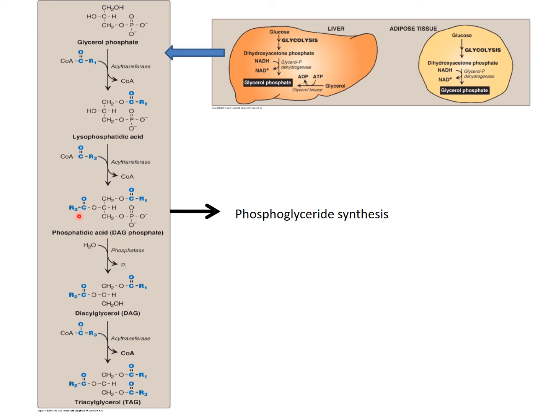This phosphatidic acid can be used to produce triacylglycerol, with actually removing the phosphate and esterifying the glycerol with a third fatty acid. But depending on what the liver cell wants to do, this phosphatidic acid also is the starting material to produce all kinds of phosphoglycerides, to build the membrane, to have the bioactive function of the phospholipids, and so on.